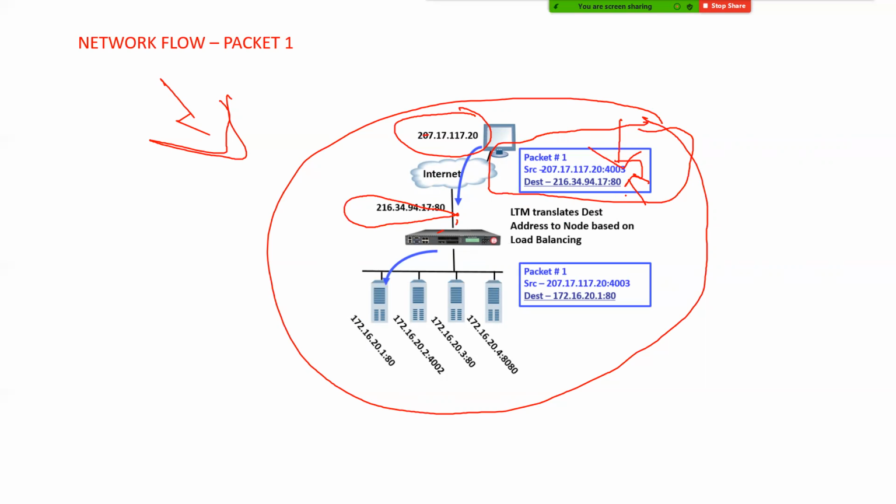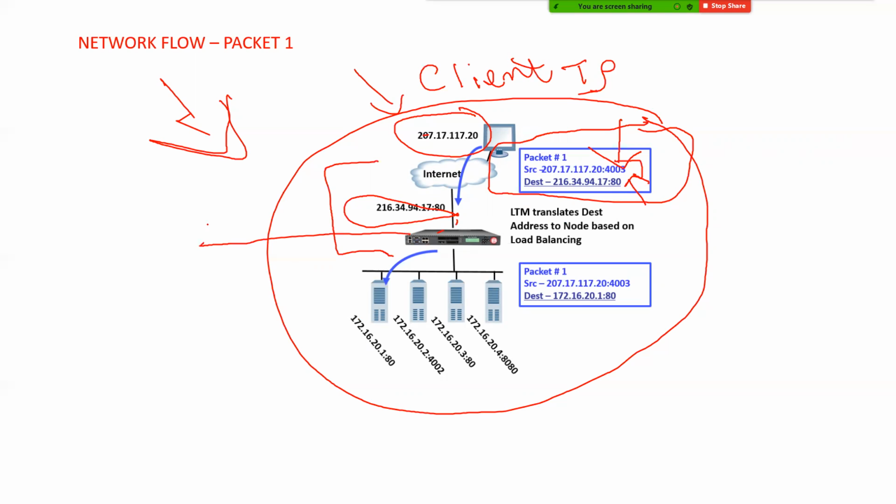The destination would be your web IP address, which is 216.34.94.17:80. So up to here, your packet one has gone. The source would be your client IP address and your destination would be your F5 IP address, which is your virtual IP address.